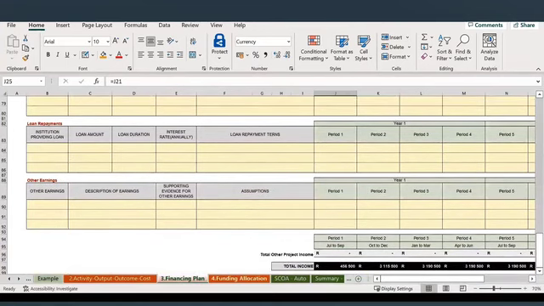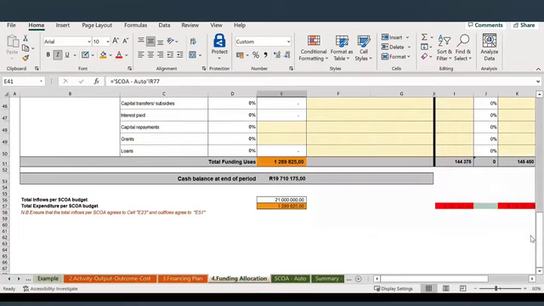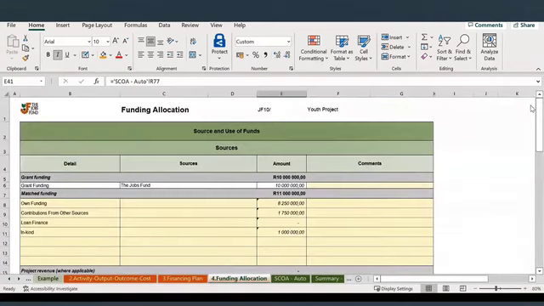I'll move now to the funding allocation sheet, which is basically a way for us to see that the theory of change or the funding gap that you've presented to us is still being supported by the budget.